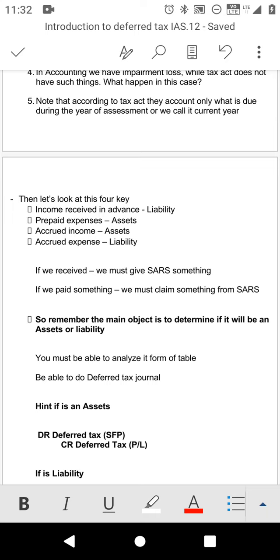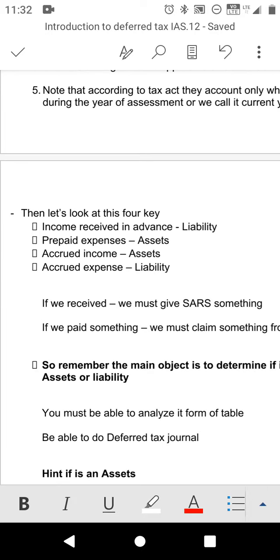If we paid something, it's on the liability side, because we don't owe anything from that part. Then we must claim something from SARS, which goes back to being an asset. So in other words, whenever you find income received in advance, because you know that is a liability, when it goes to deferred tax, it must be an asset.